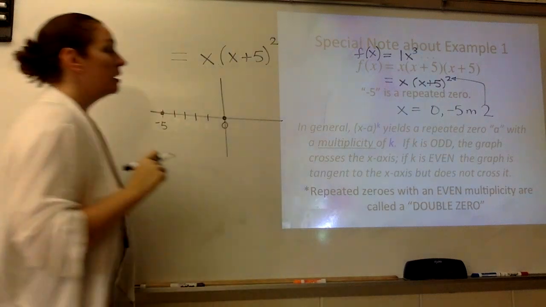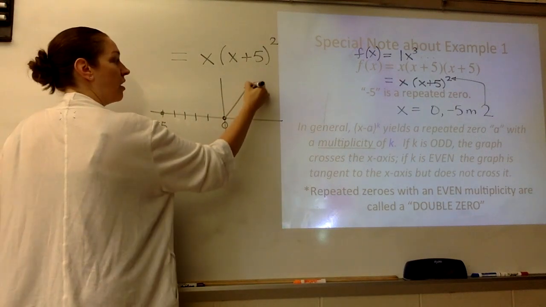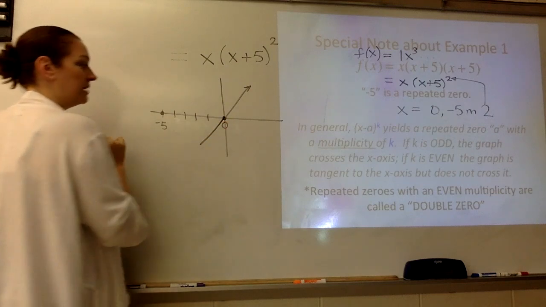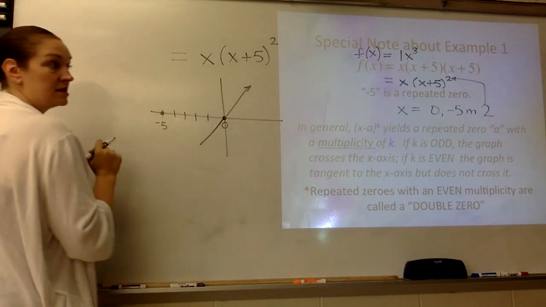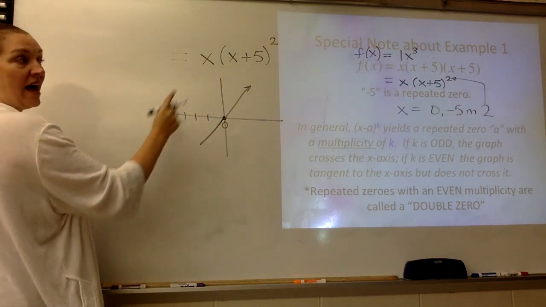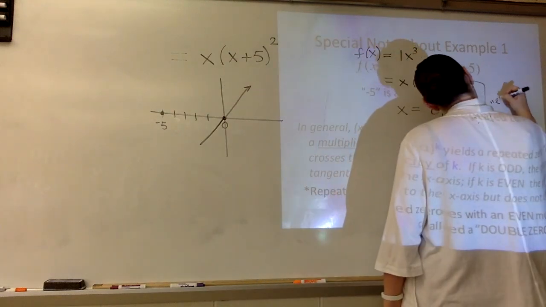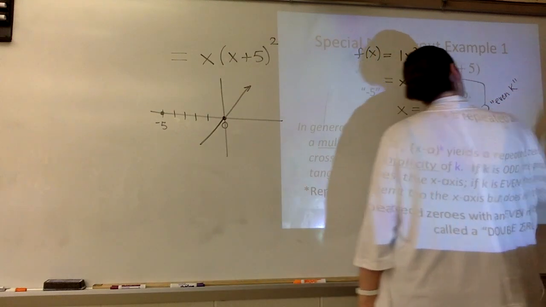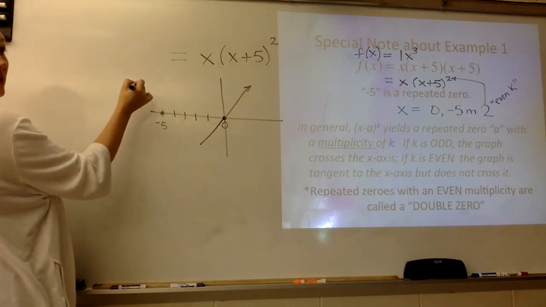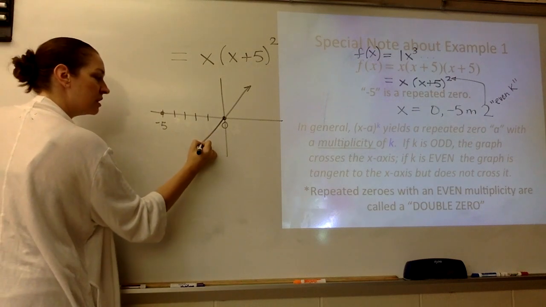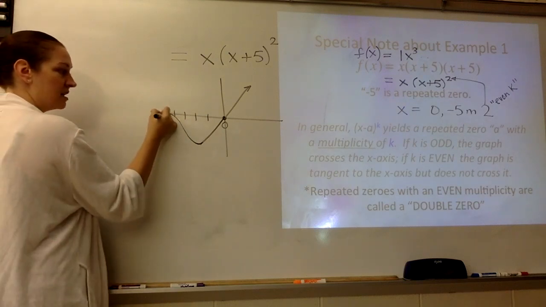Okay, so at 0, this is going to cross. It's going to come down. So my graph is rising to the right. At negative 5, I have a repeated 0 that is even. So notice this is an even k value, which means that rather than coming back up and crossing like a parabola, it's actually going to turn around and touch and fall back down to the left.